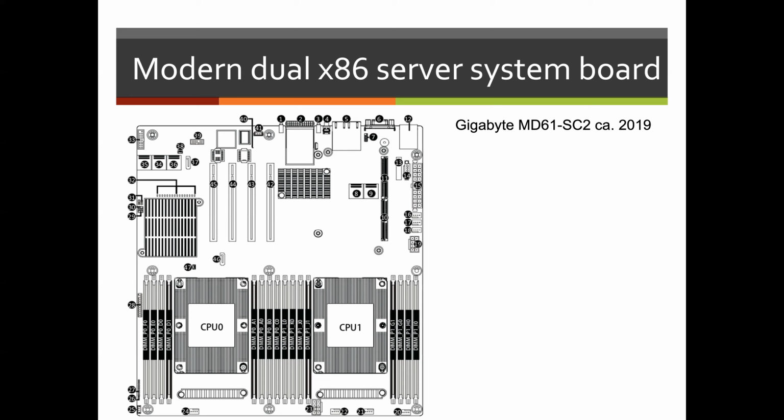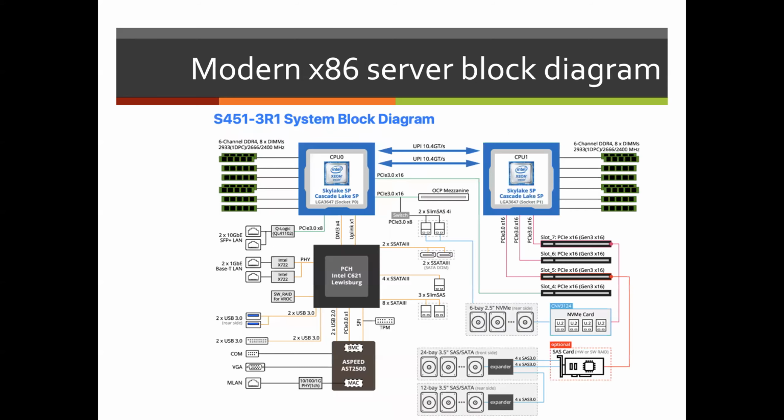Here we have a depiction of a modern dual x86 server system board. The system block diagram shows you the circuitry and bus interconnects between chips, as well as other components that are available. The PCI slot set can be utilized, and the DDR RAM is available as well.